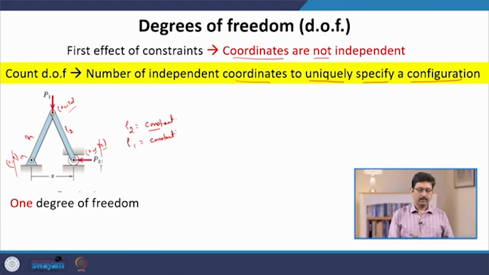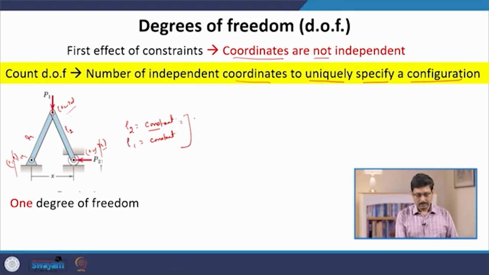So, we see that even though we have 3 variable coordinates, x2, y2 that determine the position of this point, and the x coordinate that determines the position of this point, there are 2 constraints involving those coordinates.